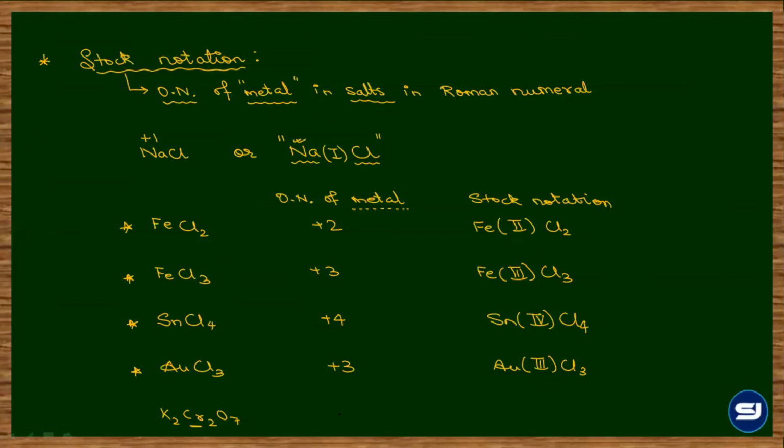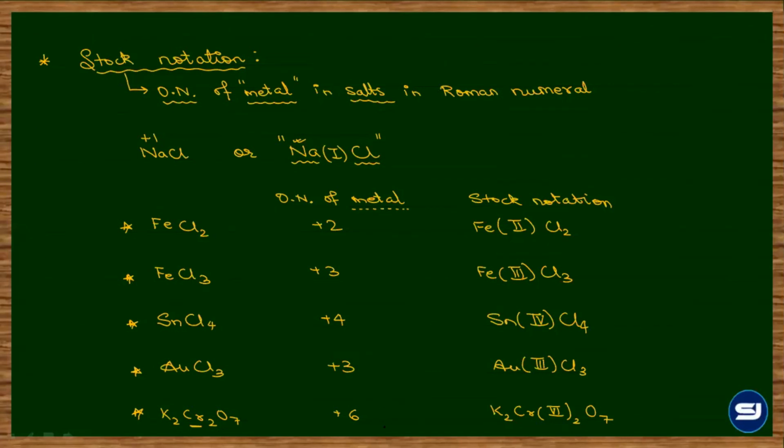Like in this case, the chromium has an oxidation state of +6, which could be written as K2Cr(VI)2O7. समझा? So that is a short explanation about stock notation.